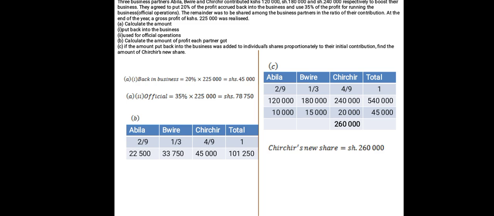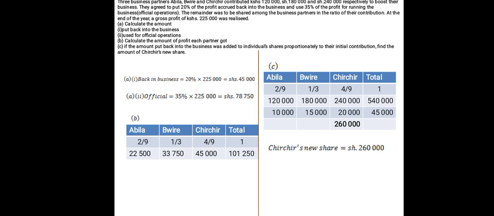Now, what remains, we subtract 45,000 and 78,750 from 225,000. We get that the amount that remained was 101,250 shillings.